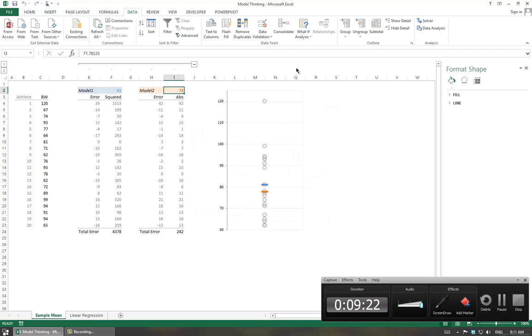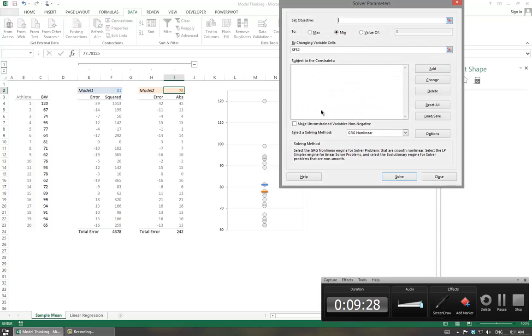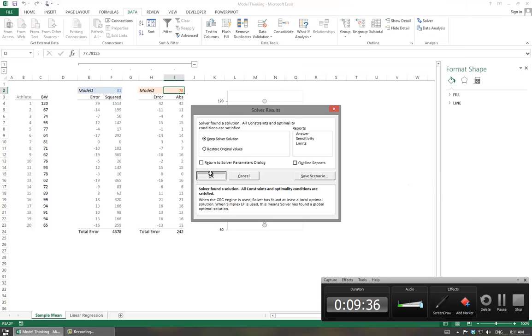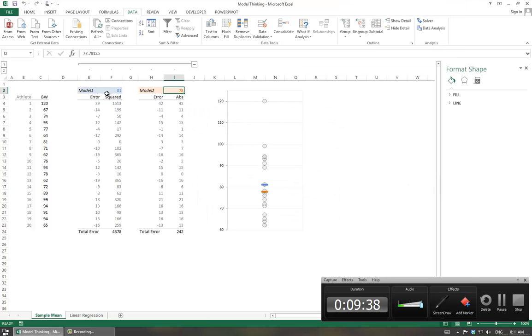That's 81. And same thing for this one. So I want to minimize this number by changing the model. 78. As you can see, this one jumped pretty higher than this one compared to the previous scores.